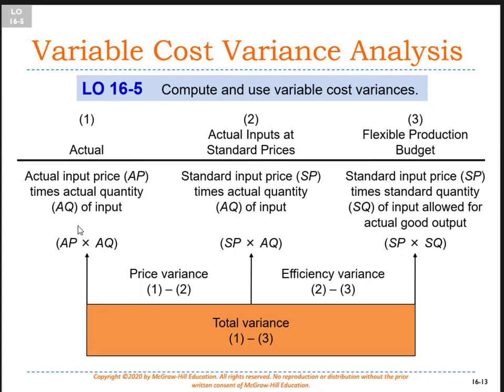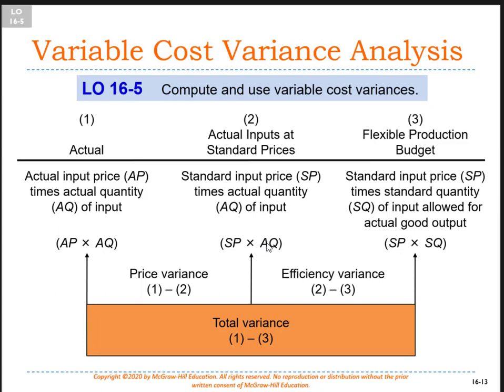So if you look at the actual and compare it to the standard, notice that in the formula, the actual quantity that you bought is the same. The difference is the price, right? The difference between the actual price and the standard price. Both of them are multiplied by the same actual quantity. That difference is your price variance.